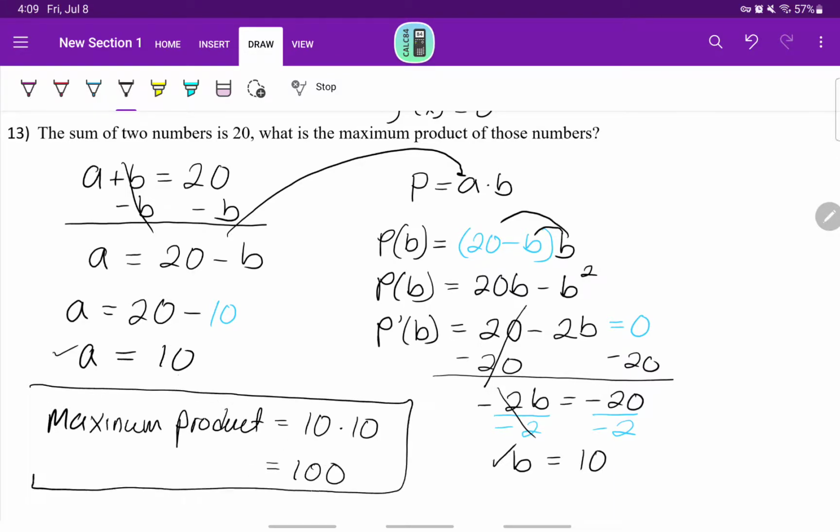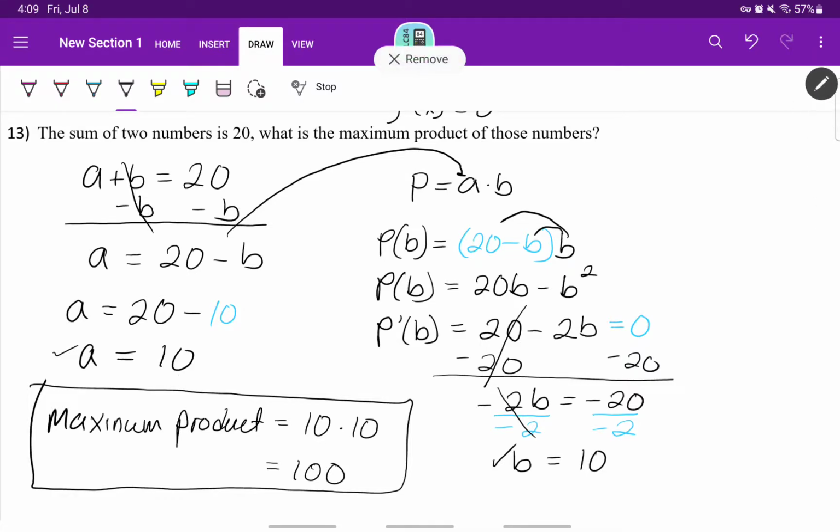And that is the answer to the question. That's all that I'm asking you to do.